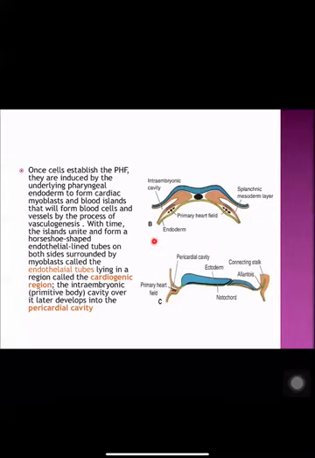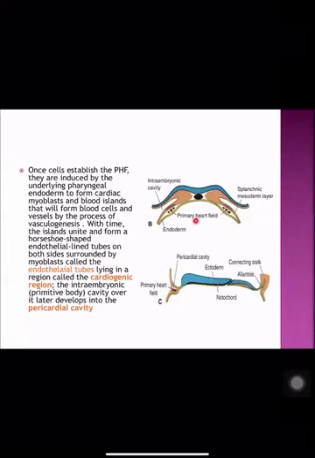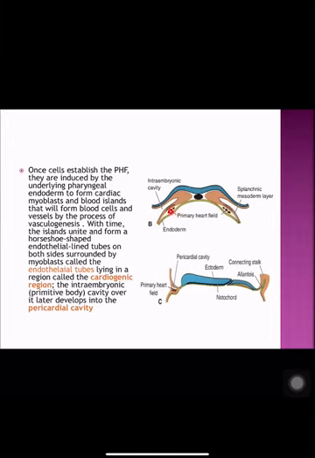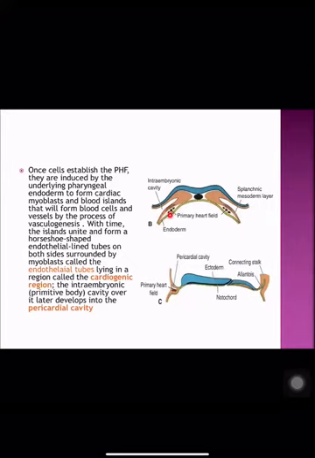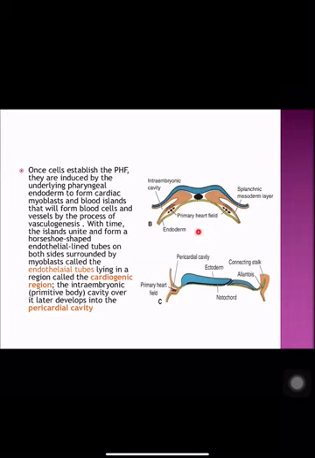So now, as we said, once the primary heart field cells have been established, they will be induced by the endoderm layer to form the cardiac myoblast and the blood island. These will later on form the blood cells and the vessels by the process of vasculogenesis.